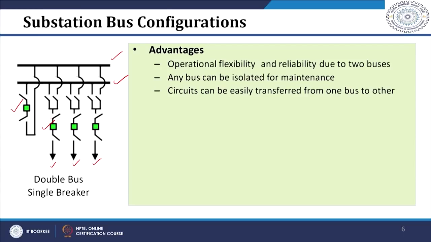So if you want to disconnect this bus, you can easily disconnect it and do the maintenance operation. A circuit can be easily transferred from one bus to another bus. Since you have these switches here, you can easily transfer one circuit from one bus to the other bus.